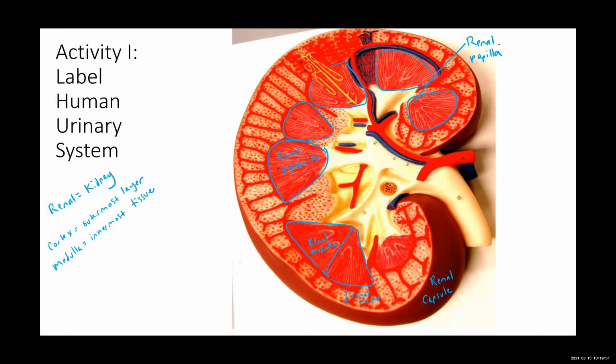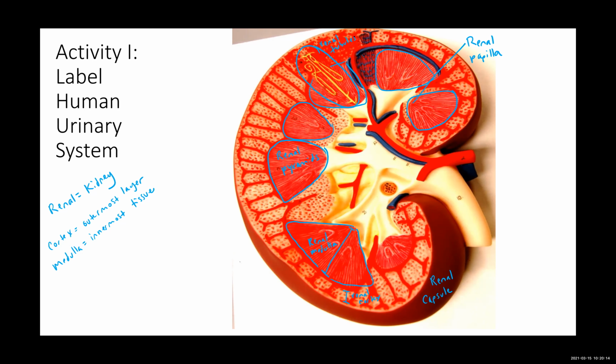Now we have extending in both the cortex and into the medulla this yellow colored tubing here. And so all of this yellow colored tubing that we see here, we can call renal tubules.